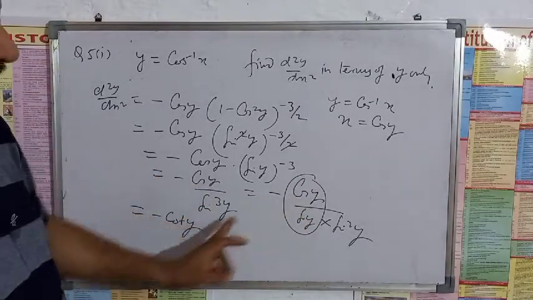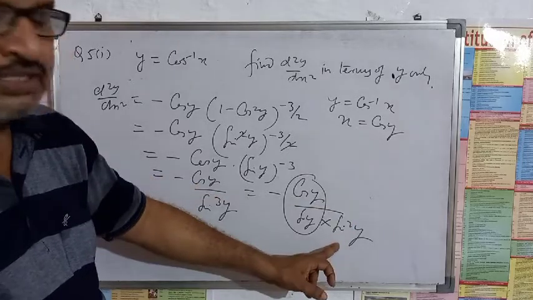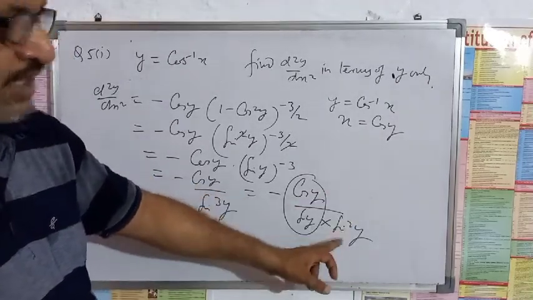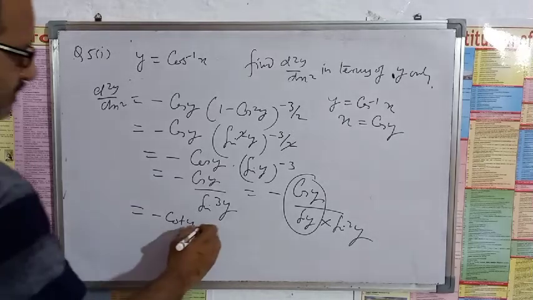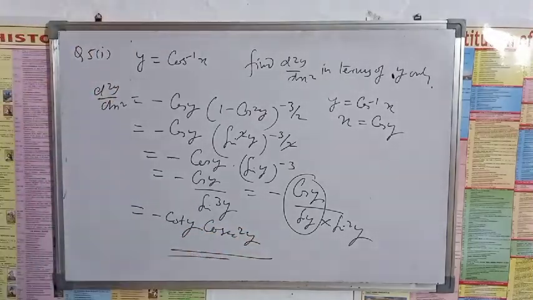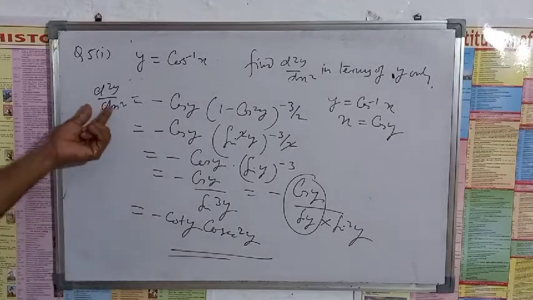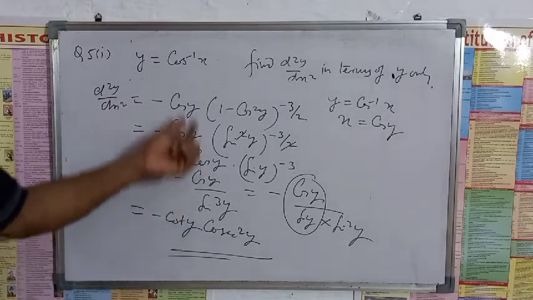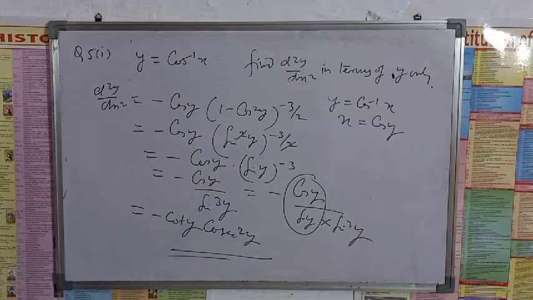And 1 upon sin square y is cosec square y. So in this way, we can write d2y by dx square in terms of y only. So it was question number 5, first part.